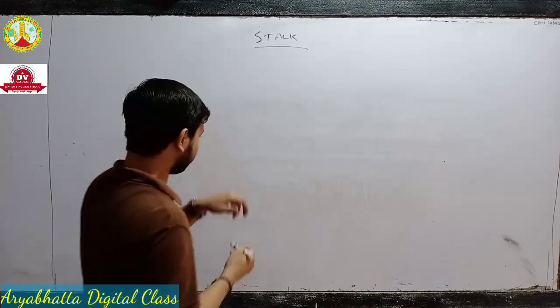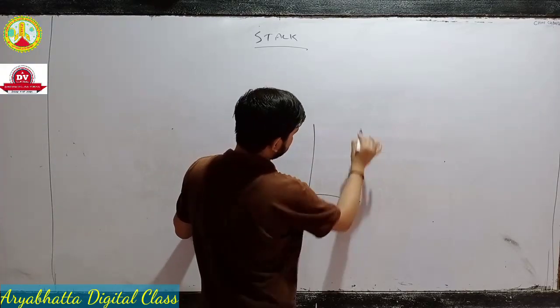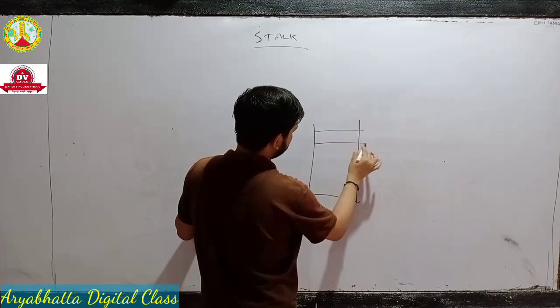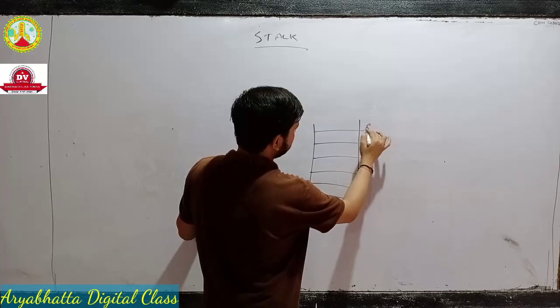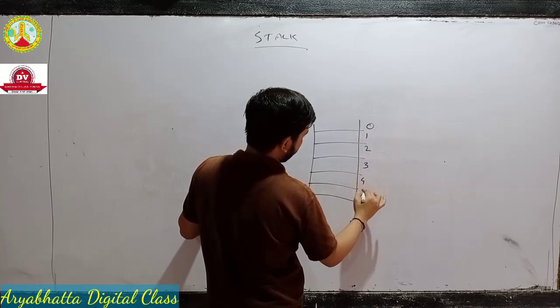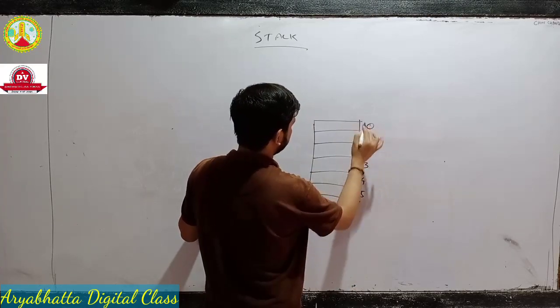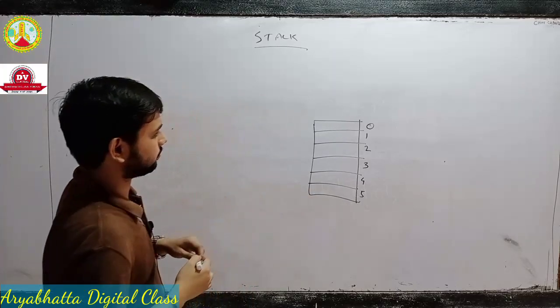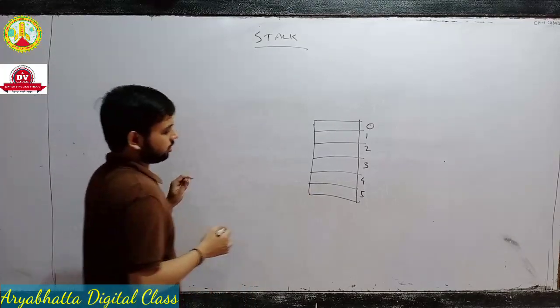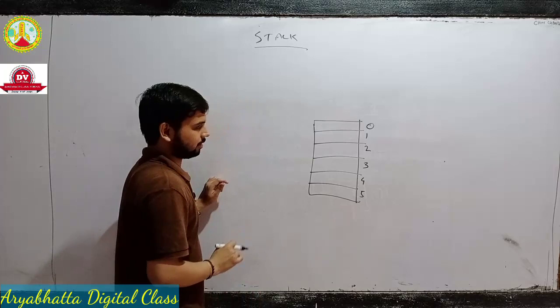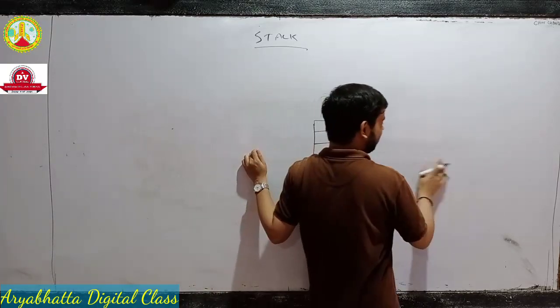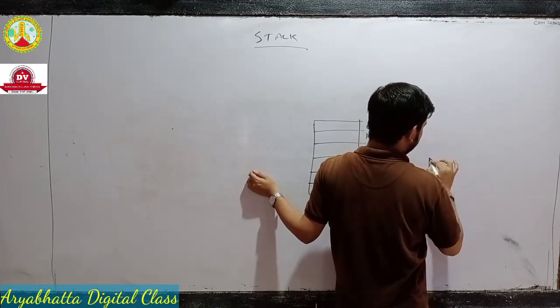Okay, see, this is a vertical array, 0 1 2 3 4 5. Then you see, this is an empty stack. Insertion and deletion happen at one end, which is called top.